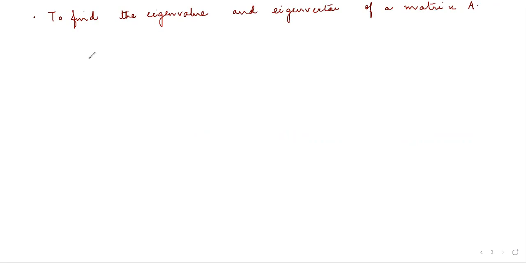The matrix for our discussion today is given as A equal to 8, 3, 2, 7. We need to find an eigenvector x and eigenvalue lambda.